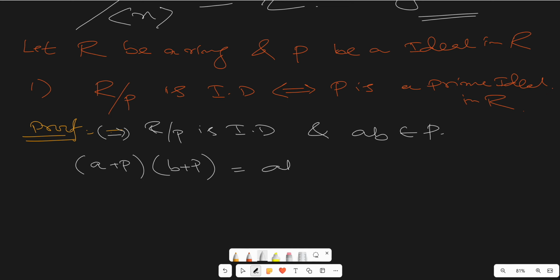This is actually AB plus P. This is the coset operation, right? Because AB is a member of P, this is P.